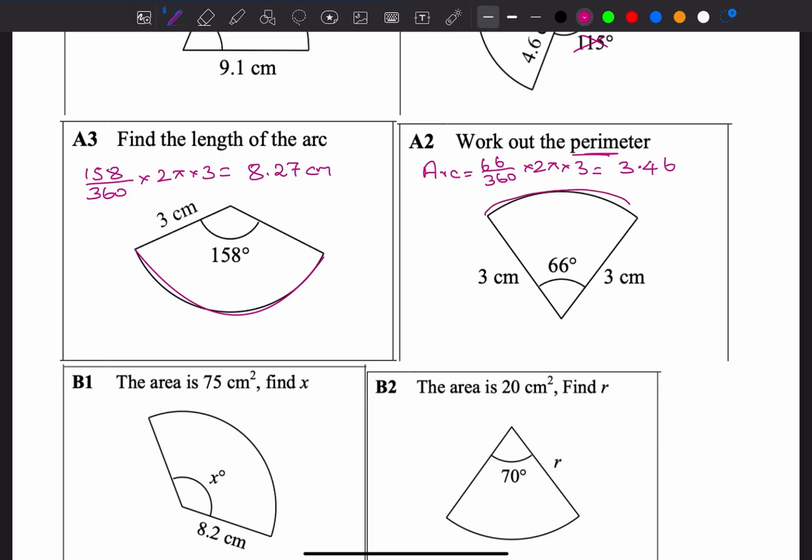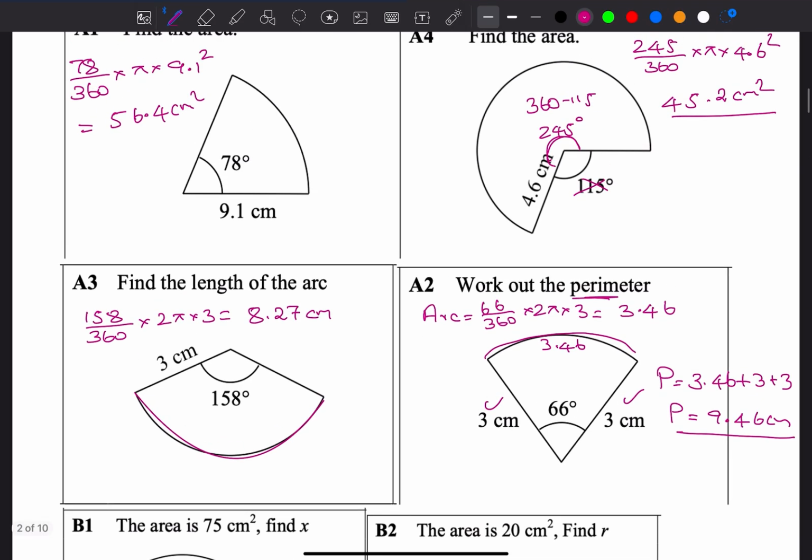That 3.46 is this one. But they don't want arc length, they want perimeter. Perimeter is 3.46 add the whole length around it, 3 add 3, which makes the perimeter 9.46 centimeters, and that's your 3 significant figures.